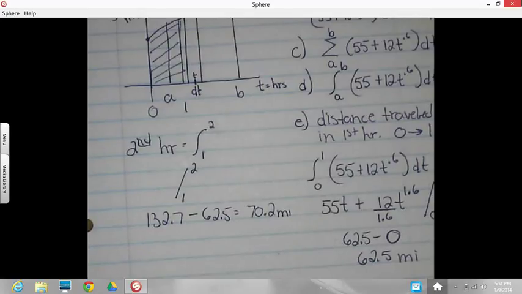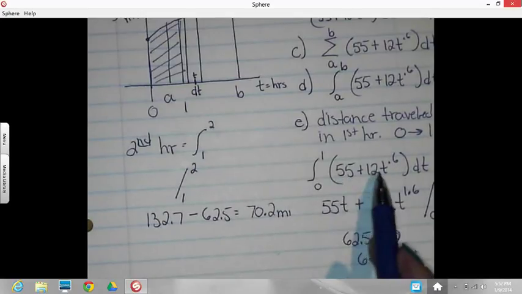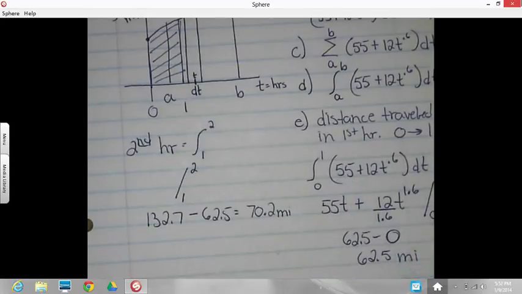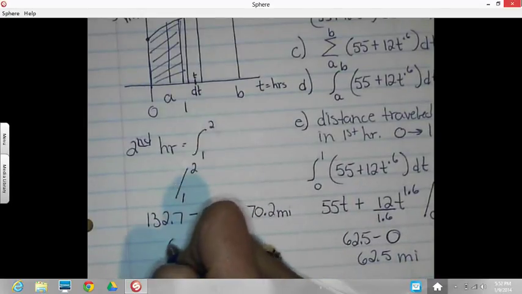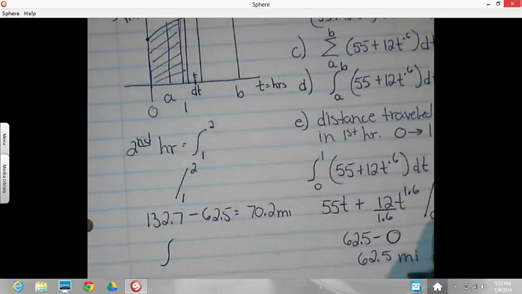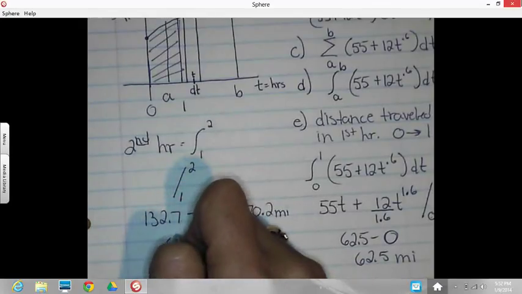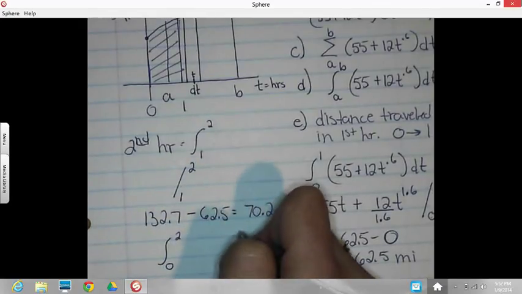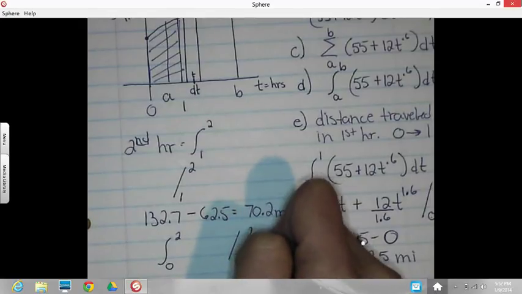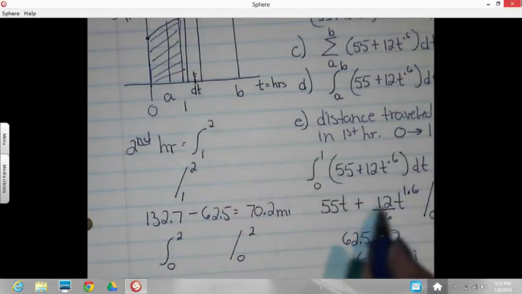And then the last part of this question says, show that the property of the sum of two integrals with the same integrand applies. So what they're saying is, would you get the same answer if you evaluated from 0 to 2 as you would get from adding those two together? And we know that that's true. We saw that in the other section. But doing the integrating from 0 to 2, I'm integrating this same equation.